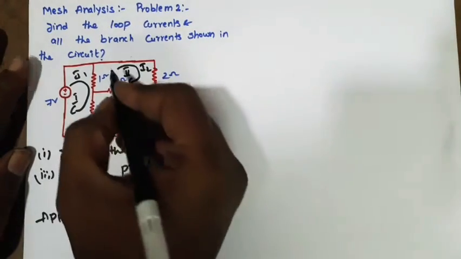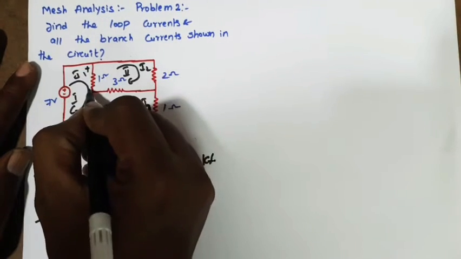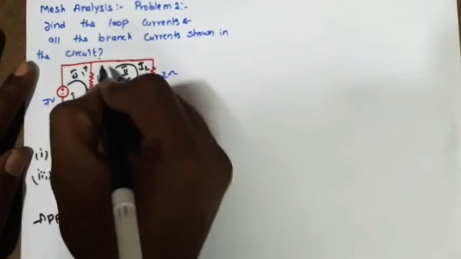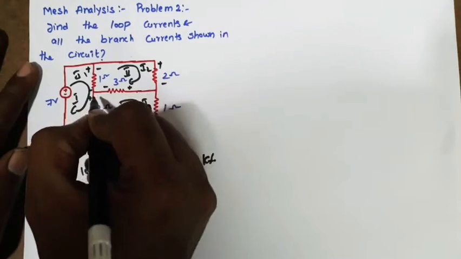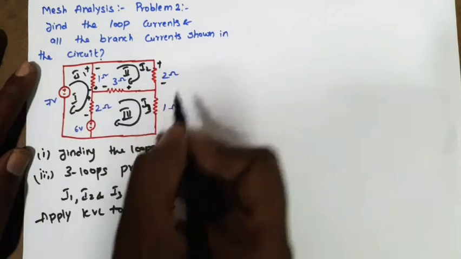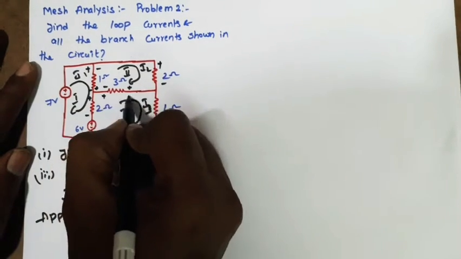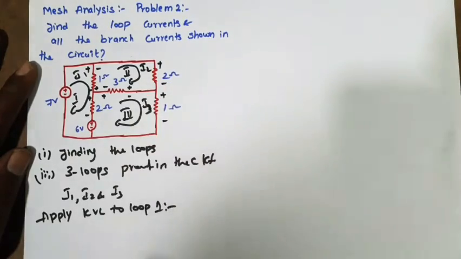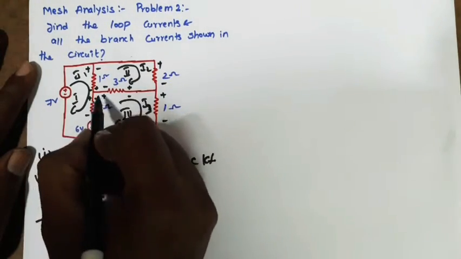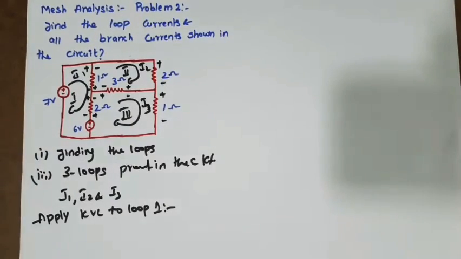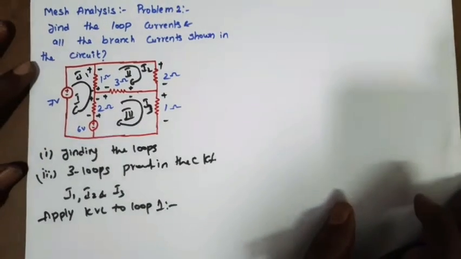So according to the given signs, we mark the signs for I1, I2 and I3 in the circuit.